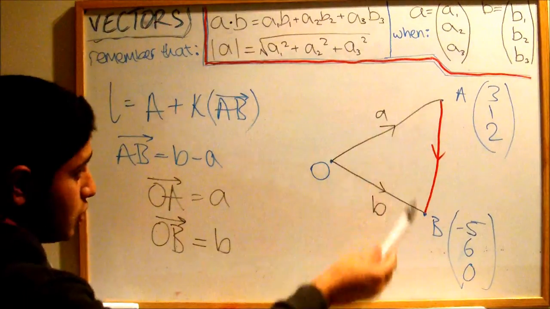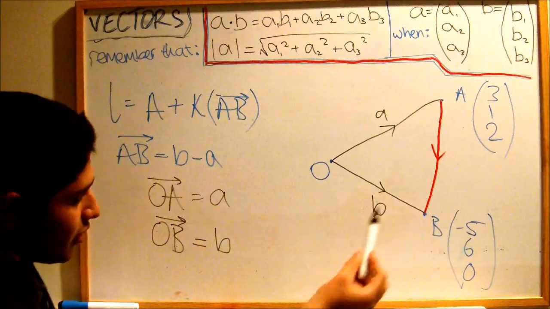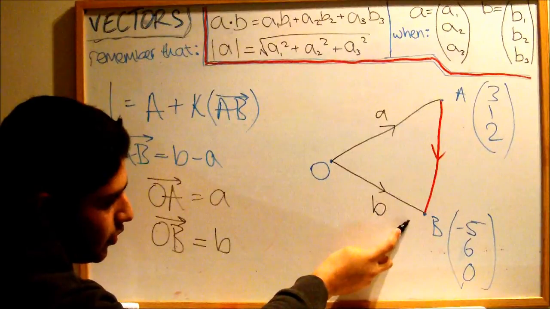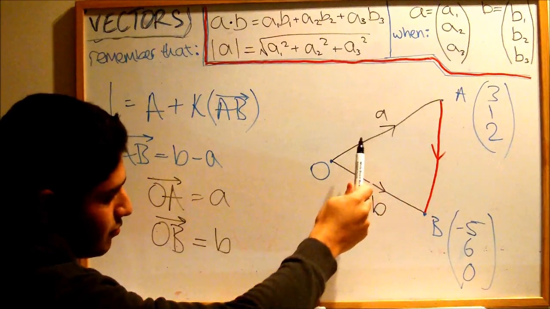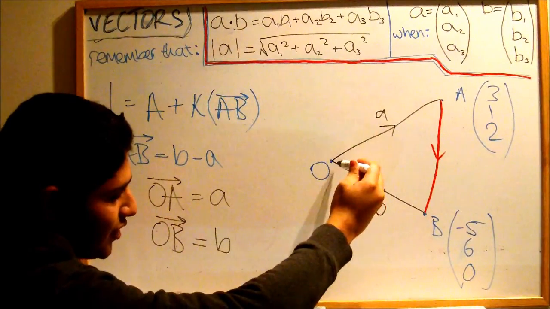So to go from A to B, like we've written here, we can see that we have to go down this line and along this line. So that would be minus A, since it's the A line but in the opposite direction, since we're travelling this way.